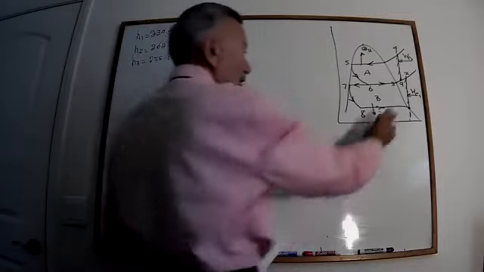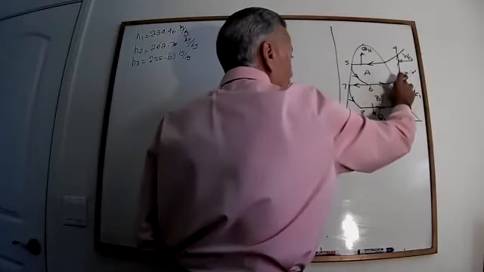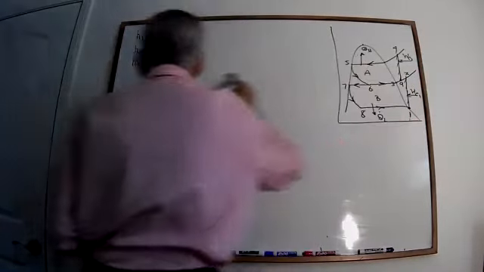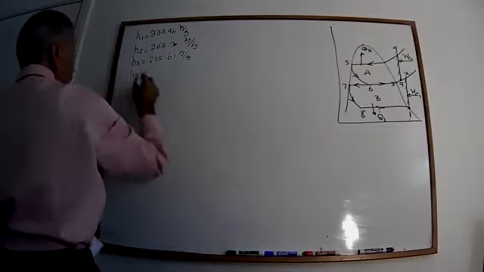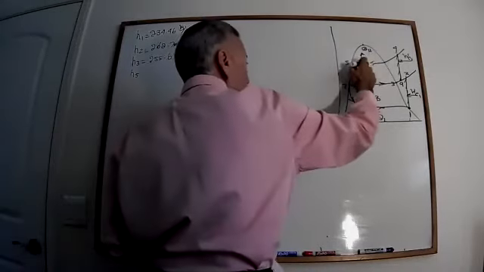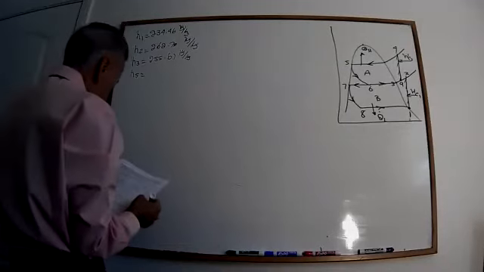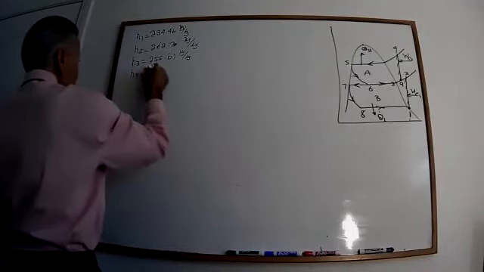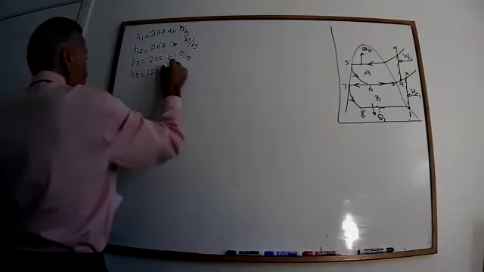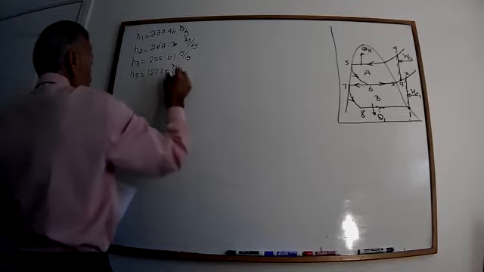Now, since we don't have any information here for now, we leave it alone. We go to state 5. State 5 has the pressure of 4 and 5, and X5 being equal to 0. The value of H5 would be 127.25 kilojoule per kilogram.